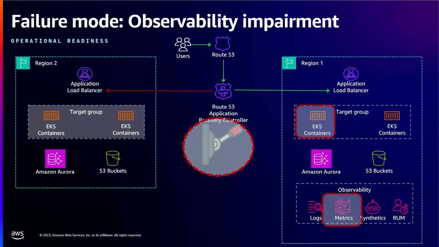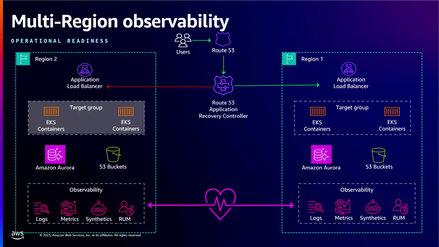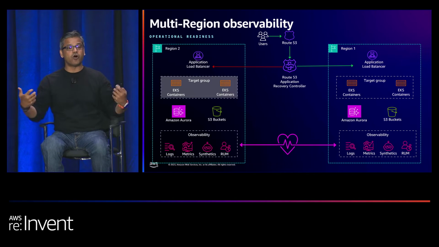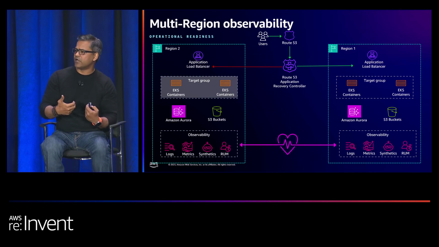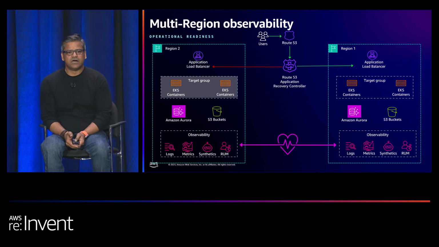So in this case, what they did here was extend the observability stack across the region. Now, even though in this situation they're not actively using the secondary region, you need observability. You need to observe both regions, at least at a shallow level health check, even if it's some kind of heartbeat metric that you can have.